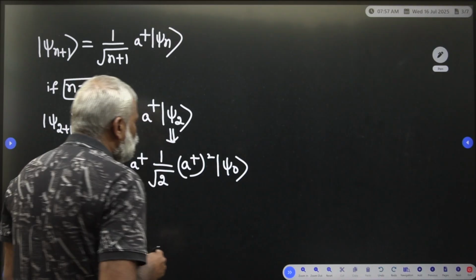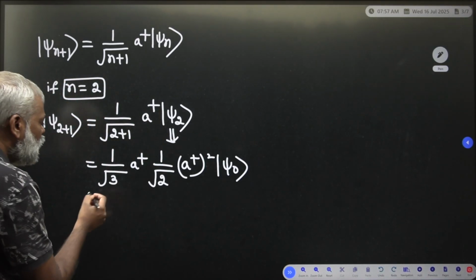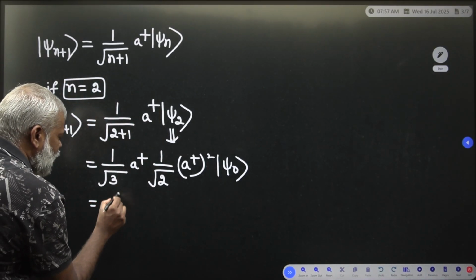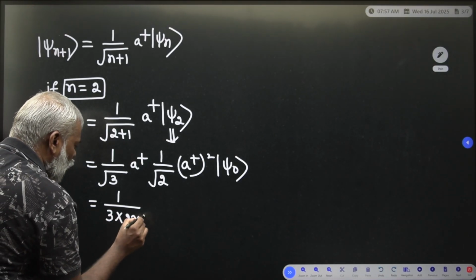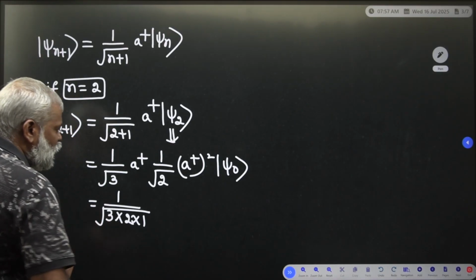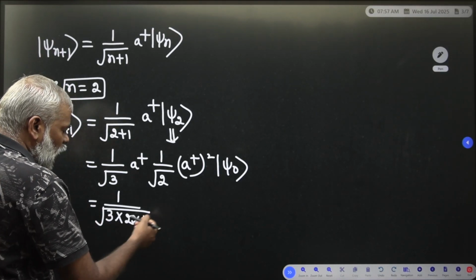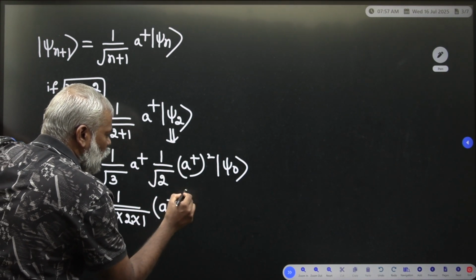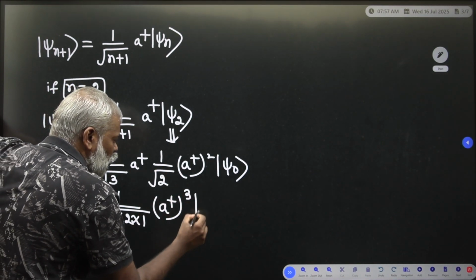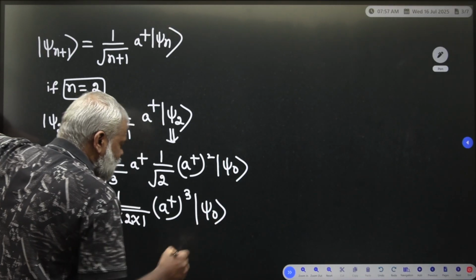So, therefore, we write 1 by 3 into 2 into 1. We have to rearrange this, a dagger whole square into a dagger gives a dagger whole cube, into ket psi 0.